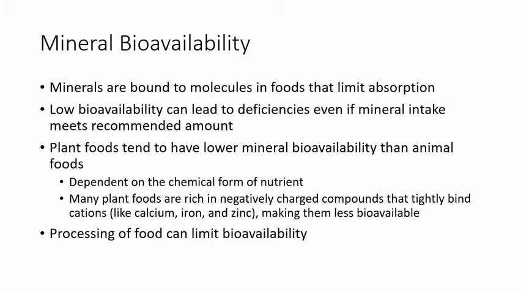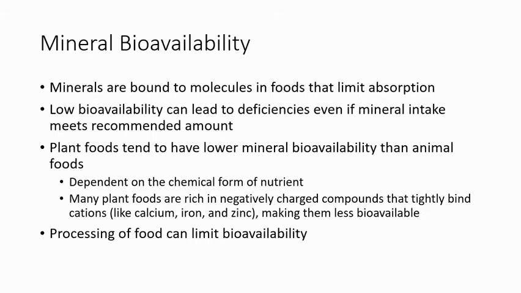Plant foods tend to have lower bioavailability than animal foods, but it does depend on the chemical form of the nutrient. One thing that contributes to this is a lot of plant foods have a lot of negatively charged compounds, and those negatively charged compounds tightly bind to cations, these positively charged atoms like calcium, like iron, like zinc.